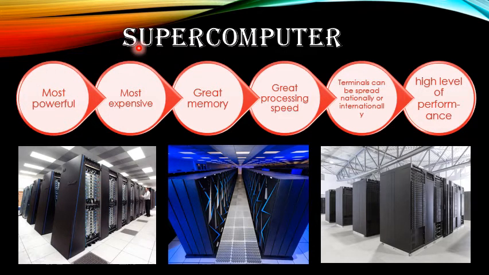As this is the fourth type of computer according to the size, they are going to be the most powerful, they are the most expensive, they have great memory, they have great processing speed, and their terminals can be spread nationally or internationally. They have a high level of performance. In these pictures, you can observe how supercomputers look and how big they are.